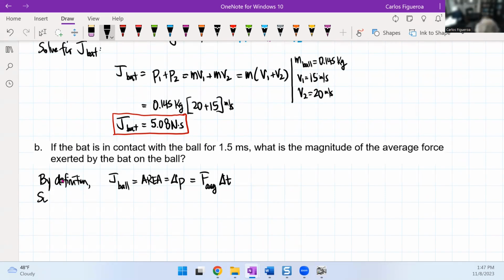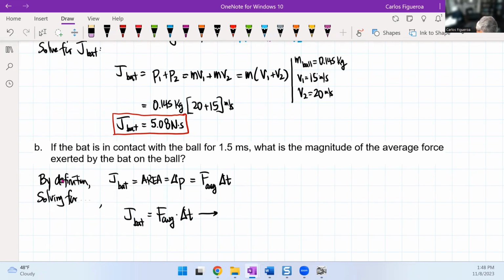So then solving. Is that J ball or J bat? J bat, thank you. So solving for J bat, I could write that J bat is going to be this average force times my contact time, which then says, oh, I said J bat.